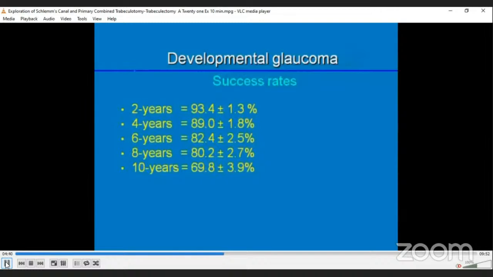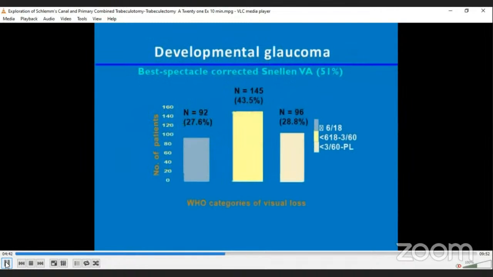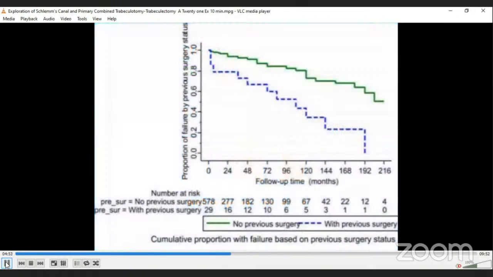Just to tell you that this success rate is without any anti-glaucoma medication and is the first surgery success rate. Snellen's visual acuity was available in 51% of the patients, and 27% had normal visual acuity.